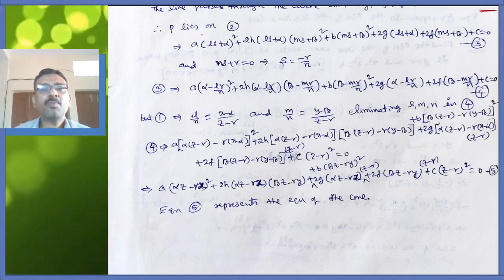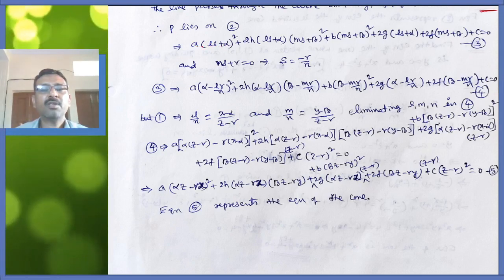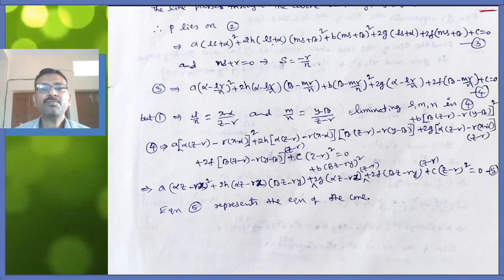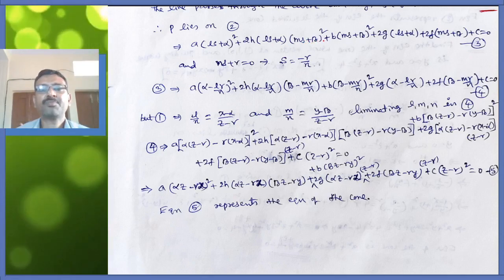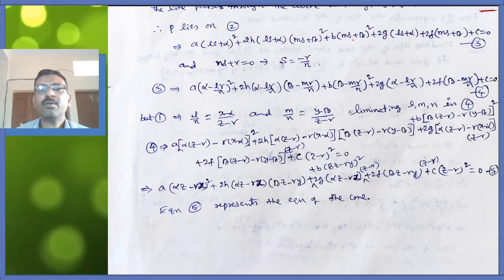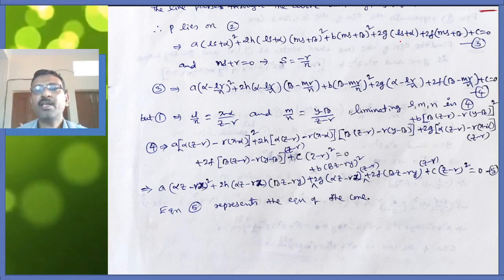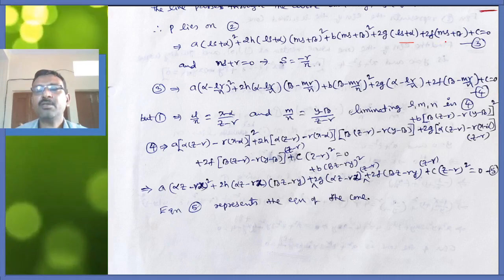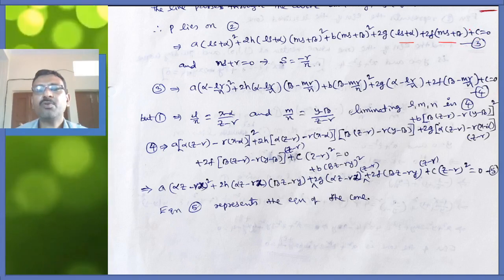So, I substitute P in equation 2. I substitute in the first equation: ax square, where x is replaced by ls plus alpha; 2h xy, where y is replaced by ms plus beta; by square, with ms plus beta whole square; 2gx, where x is replaced by ls plus alpha; 2fy, where y is replaced by ms plus beta; plus c equal to 0.